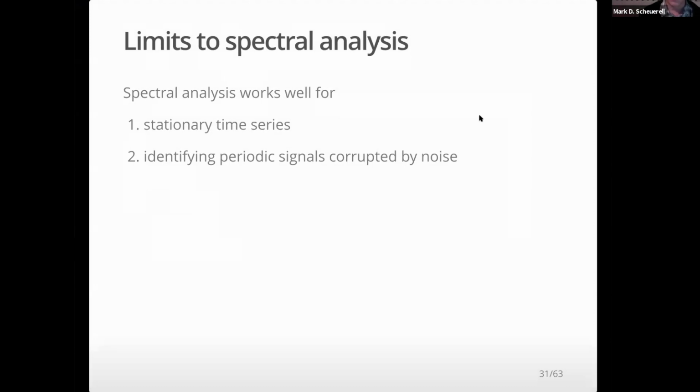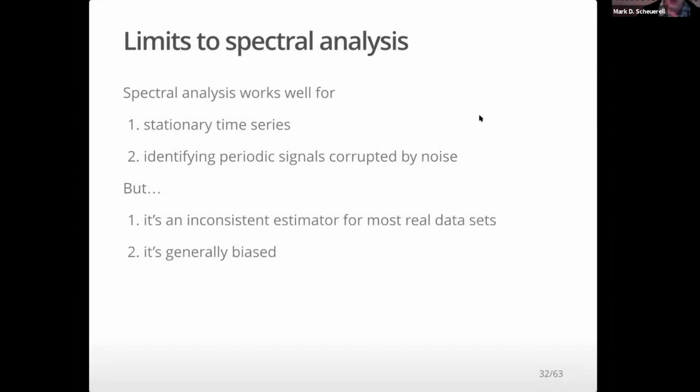It will also work really well if you've got periodic signals corrupted by noise. So right, we had that sort of sine wave. Imagine the Lake Washington temperature data that we looked at earlier in the class. They really do have a fairly strong seasonal aspect, but some summers are warmer than others, some winters are colder than others, so it's not a perfect sine wave. There's definitely some noise around that.